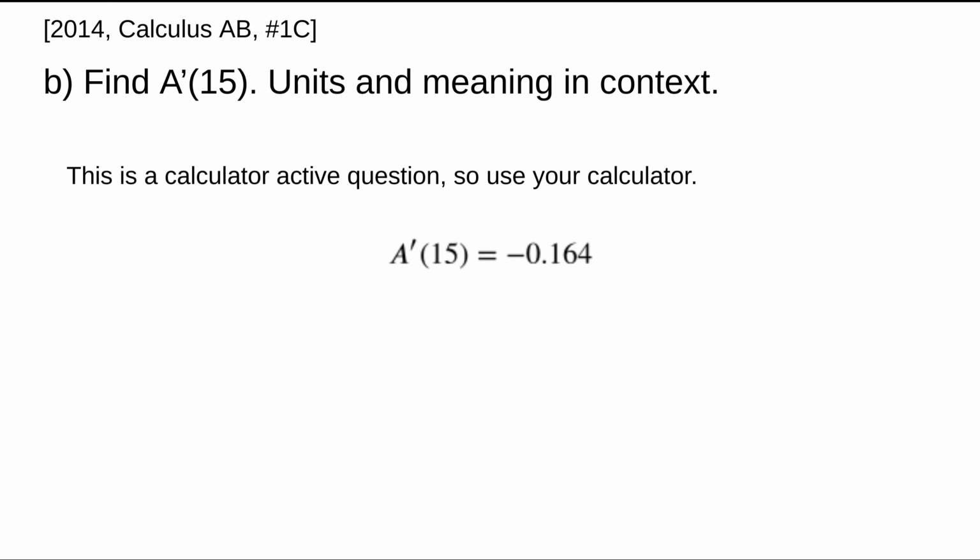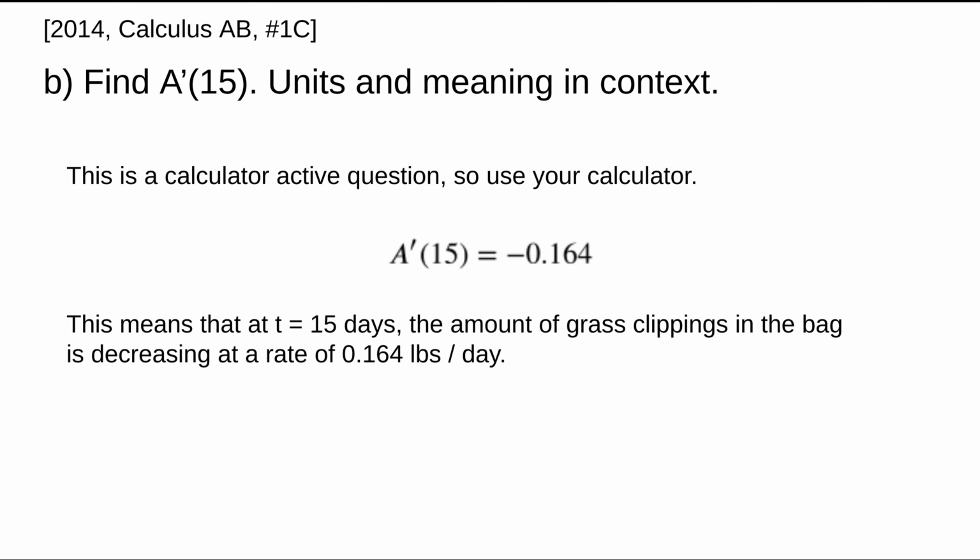Okay, well, what does that mean in terms of the problem? Well, what it means is that at t equals 15 days, the amount of grass clippings in the bag is decreasing at a rate of 0.164 pounds per day. Now, be careful when you explain things like this. There's two sort of trains of thought on this. One is to just declare everything is increasing and then use the value of the derivative as the rate.